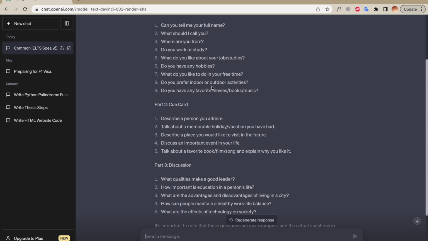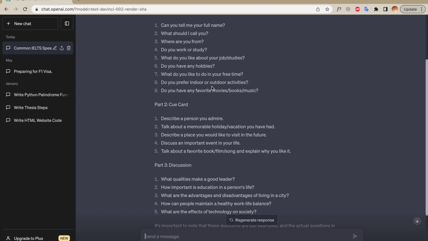And they're going to ask for your opinions, ask for further analysis. For example, what qualities make a good leader? So it's linking to describe a person you admire. And how important is education in a person's life? It's linking to if you want to continue further studies and stuff like that. So these are a few questions that you can use to prepare yourself.